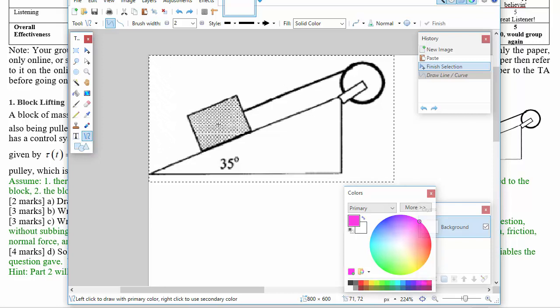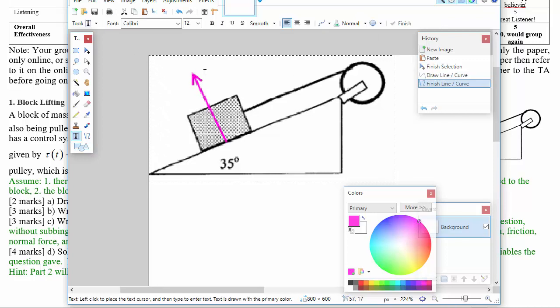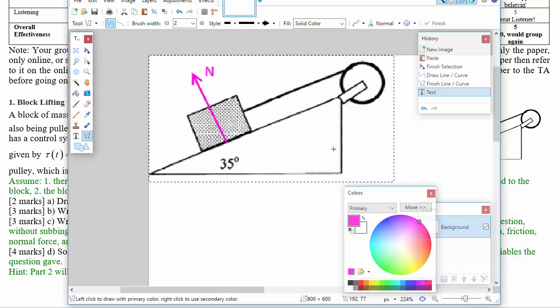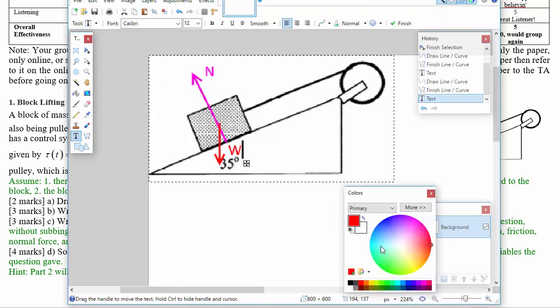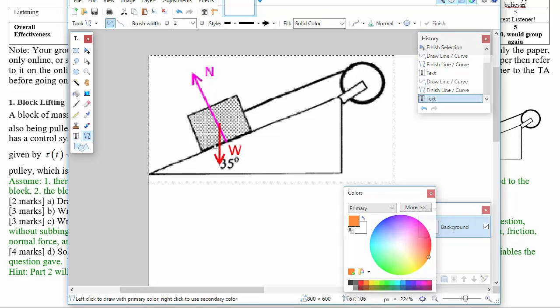All right, now we have a normal force. Hitting T will allow us to label that normal force there. And now let's go back over to the line. We'll pick a different color for a different force, may as well. Right from the center of the block, we've got a force down, which we're going to label W for weight. And we're going to need a friction force.